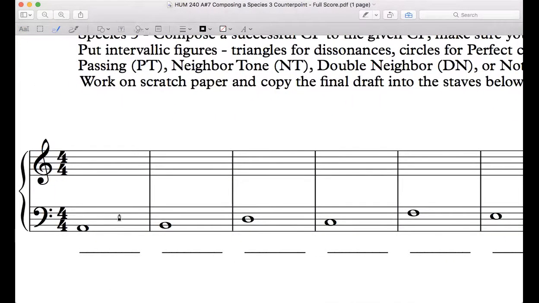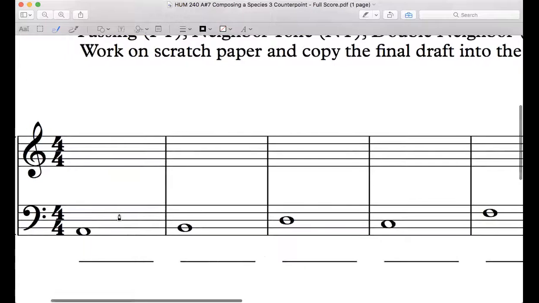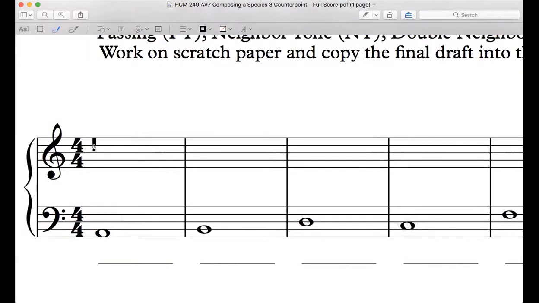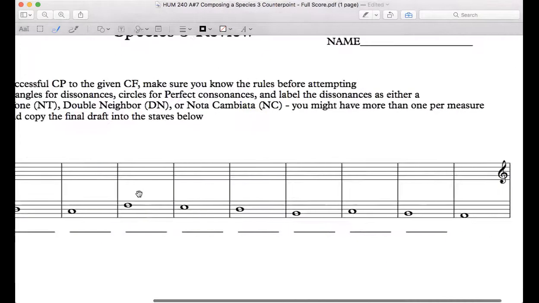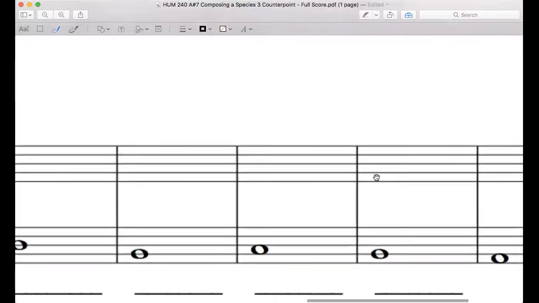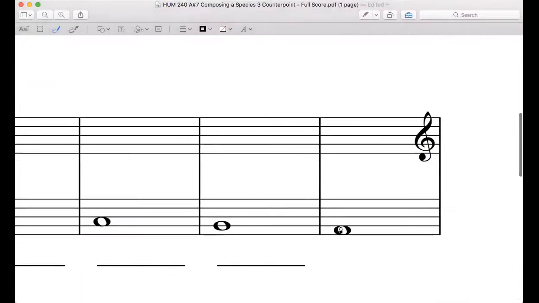Okay, so think about, all right, how do we typically start? Well, usually we start with a quarter rest. You don't have to. You could start on the downbeat, but this is typical. How do you typically end? Well, we're going to be ending with an octave. So probably not down here. I think we'll end on the octave here. Let me make this a little skinnier, just so we have room.